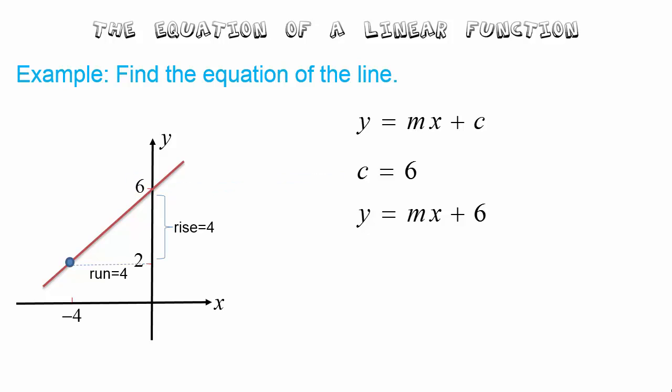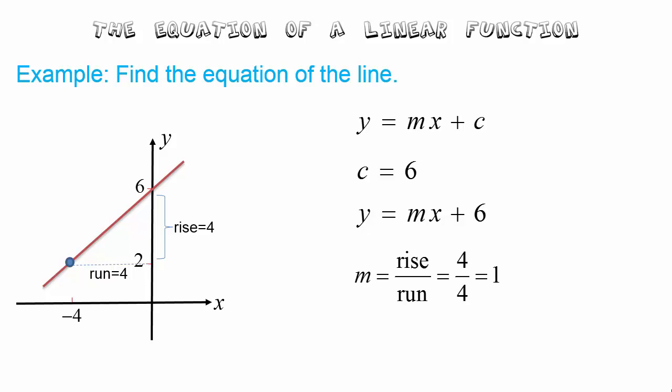To do that, we can use the idea of the previous section where we can write that the gradient is rise over run, so we create our right-angled triangle as shown, and you can see that the rise is 4 because we are starting from 2 and going up to 6, so 6 minus 2 is 4, and the run is also 4 because we are starting at -4 and going to the right to 0, so in terms of magnitude only, the run is 4.